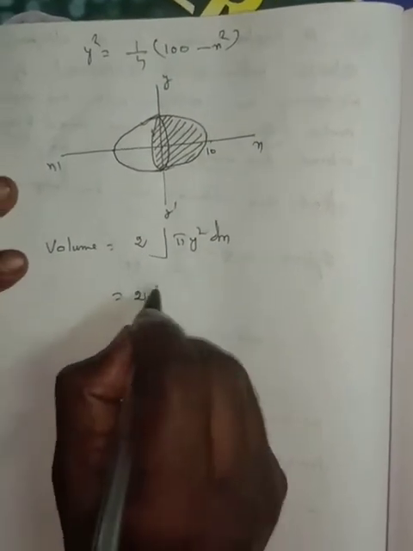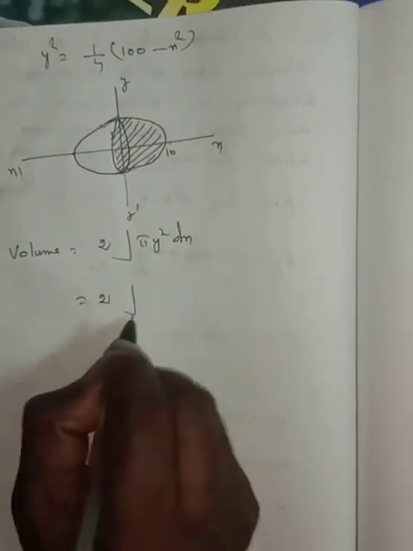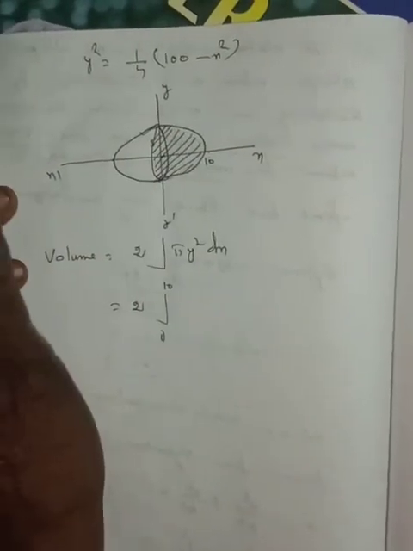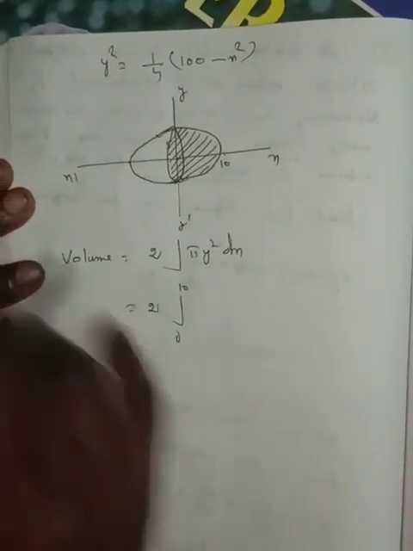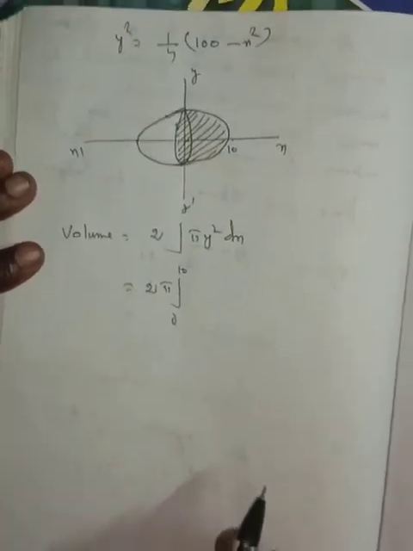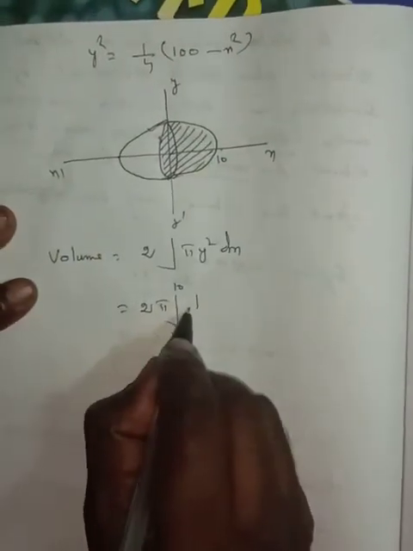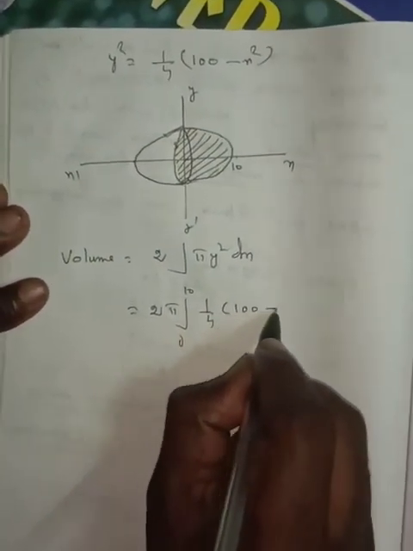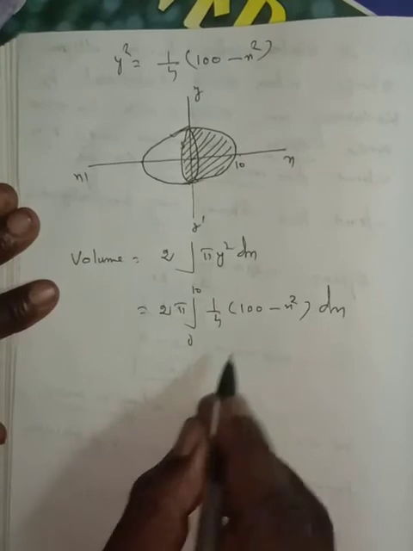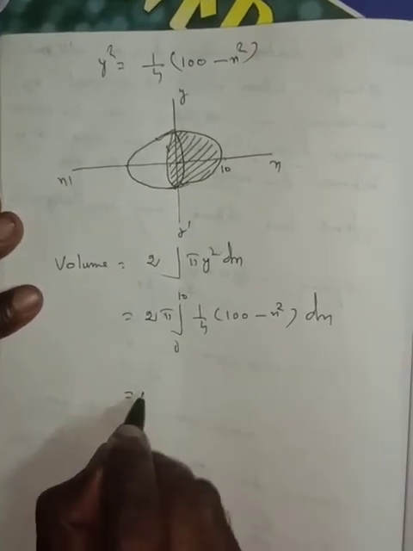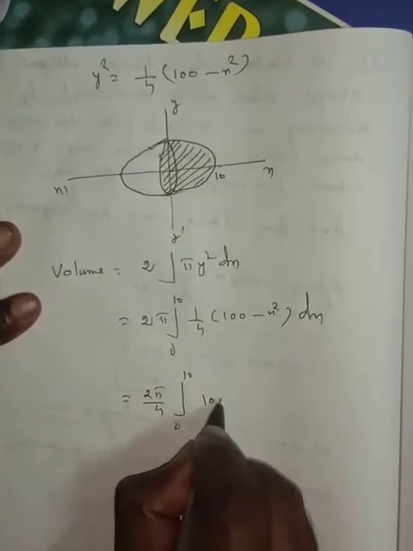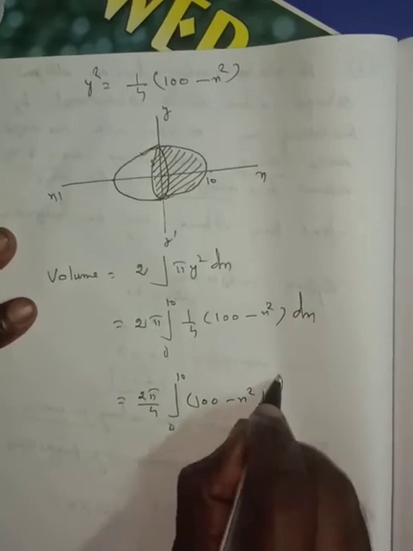Now 2 into integral 0 to 10, twice means half portion left hand side, half portion right hand side. Now pi is a constant number, y square is 1 by 4 (100 minus x square) into dx. Taking 1 by 4 outside the integral, we get 2 pi divided by 4 integral 0 to 10 (100 minus x square) dx.